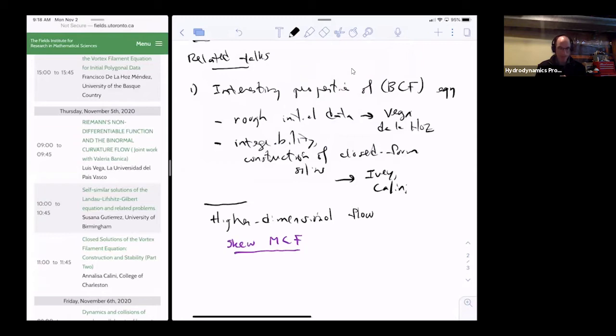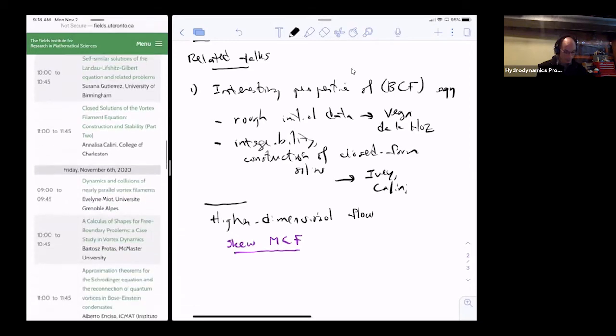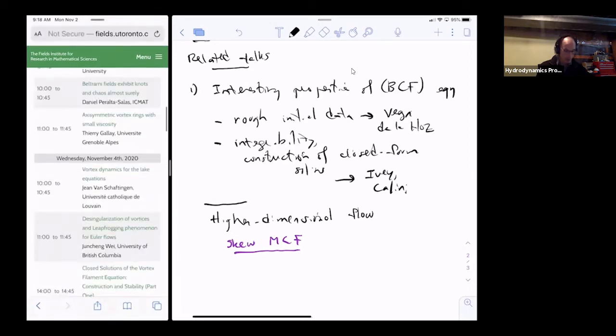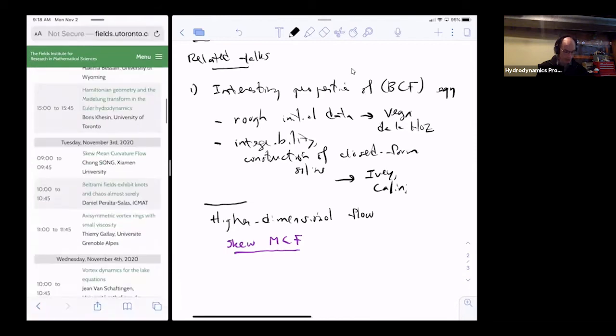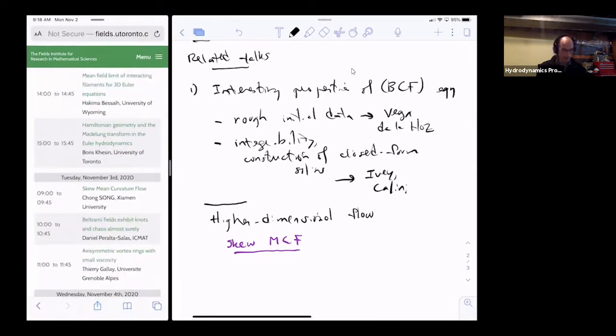And the skew mean curvature flow was introduced a while ago by me, actually, and then in the context of Euler, re-derived by Boris Khesin and Banavar Shashikant, and so there'll be a talk on that well-posedness. That's Tuesday morning at 9 o'clock.